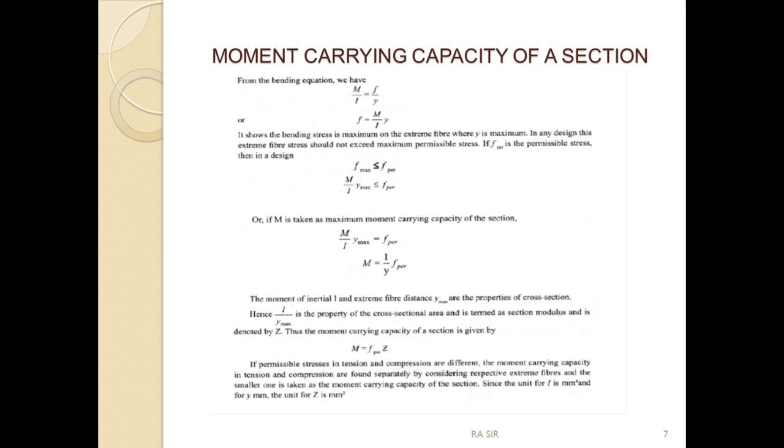From the bending equation, M by I equals f by y, f is equal to M by I into y. This is the equation we derived in the earlier stages. This shows that the bending stress is maximum on the extreme fiber where y is maximum.